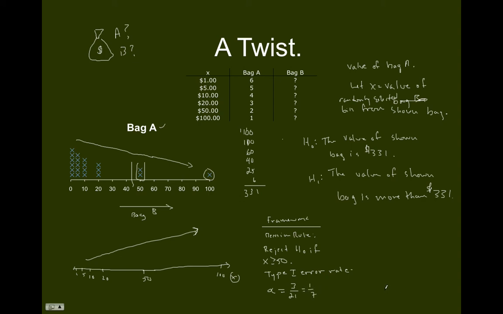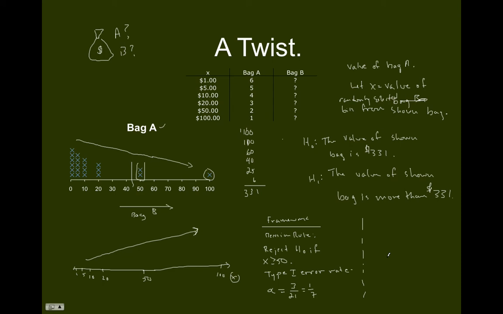So that's our alpha. Now we'll actually collect data. Notice alpha is calculated based on the framework and the decision rule, not based on the actual data that we collect. It's how rare the data needs to be in order for the null to be rejected. That's one way to think about alpha.